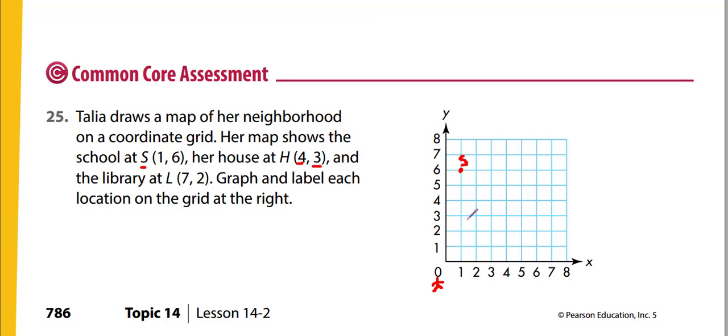If you went like that, you would be flying. That's impossible. 4, then 3. So this is H. And the library at 7 and 2. And here is the library. Okay, graph and label each location in the grid at the right. Now we have done it.